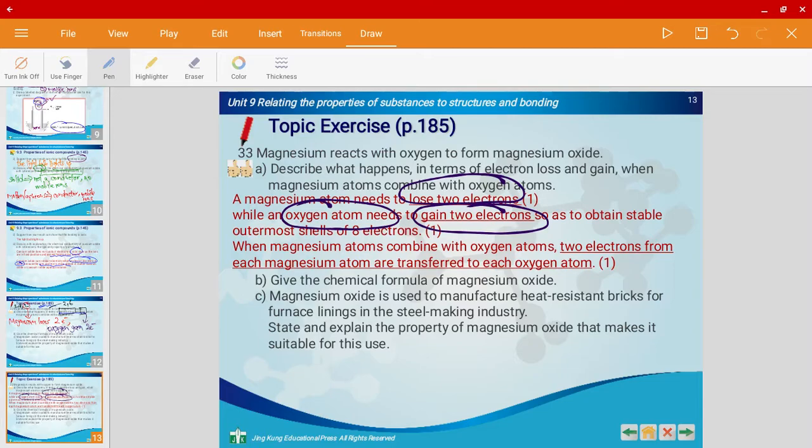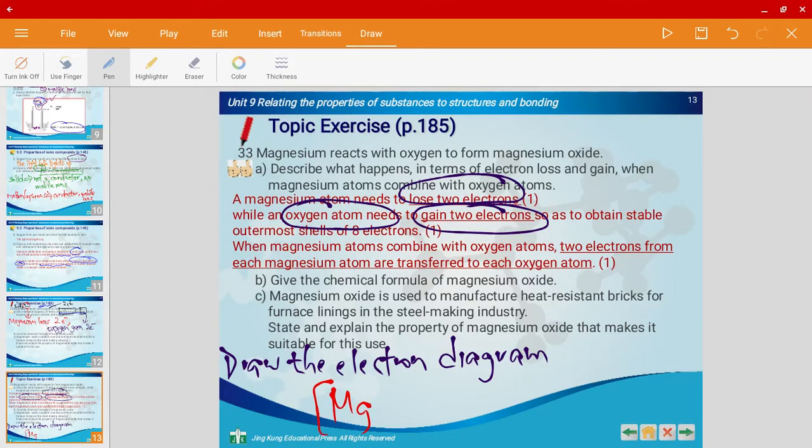Let me ask another question. Just an extra question for you. Can you draw the electron diagram? Can you pause the video right now and do so? Okay, it'll be fairly simple. So Mg, you have 2 plus over here, and oxygen.